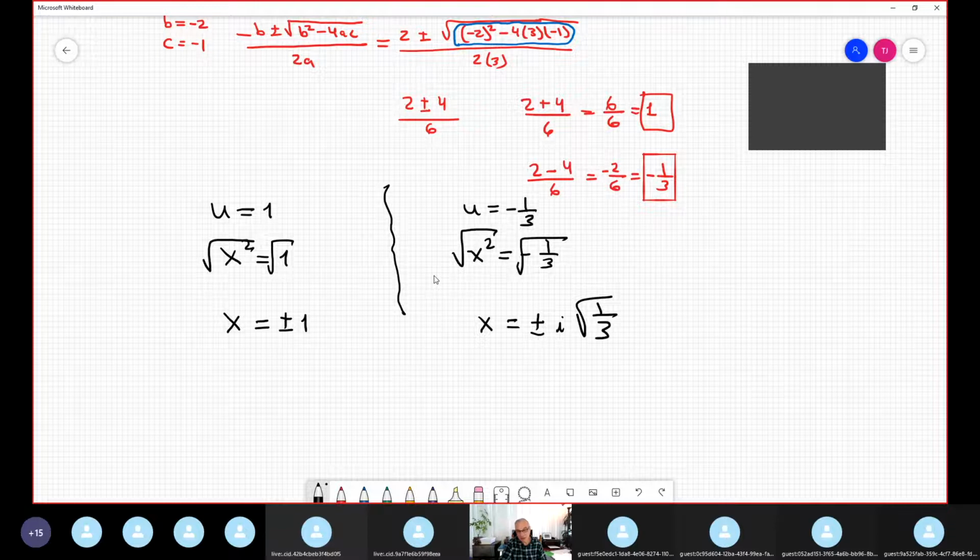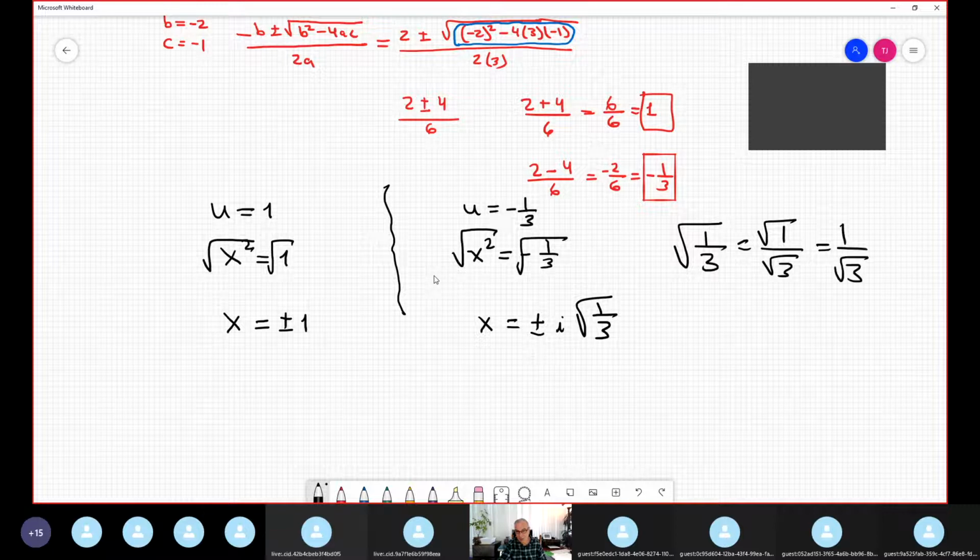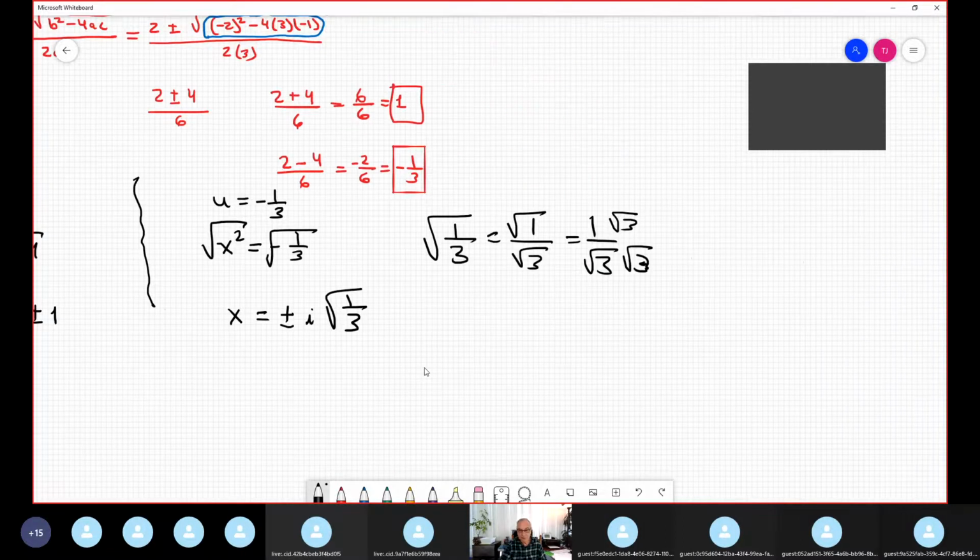Yeah, you can leave it like that, but much better rationalization. Look, square root of 1/3 is square root of 1 divided by square root of 3, is 1 over radical 3. And for rationalization, multiply top and bottom by radical 3. Radical 3 times radical 3 is 3, so it's radical 3 over 3. It's nice. And the solution we can express like that: plus or minus i radical 3 over 3.